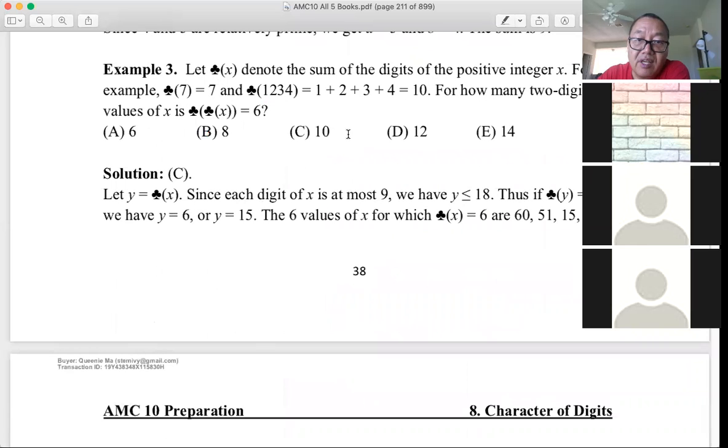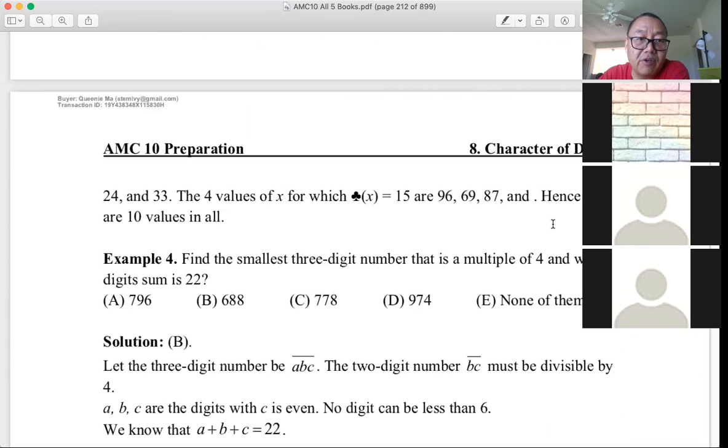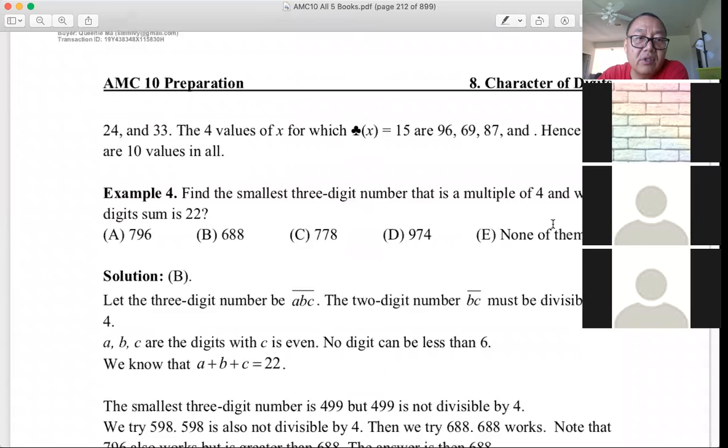Okay, Y equals 6 or Y equals 15. When Y equals 6, we got 6 values: 60, 51, 15, 42, 24, and 33. When Y equals 15, we got 4 numbers: 96, 69, 87, and 78. So totally we have 10 values.